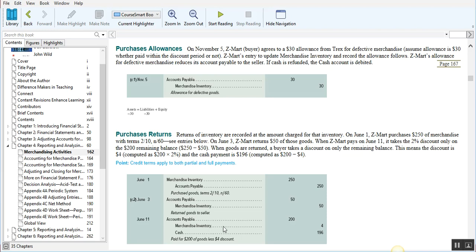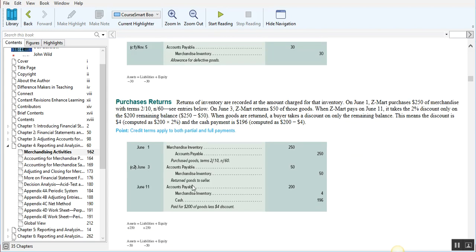Then when we actually pay the invoice and take the cash discount, our actual transaction will look like this. The invoice we received to start with was a 2% discount if paid within a certain period of time. So now we're going to pay it within that period of time, which is 10 days. When we pay it, we have a $200 balance after the return.